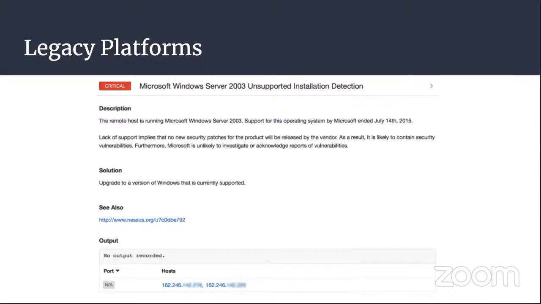Because if that outdated piece of software or that outdated computer is required for that business to make its money, you're going to have to support it even if it's running Server 2003 and it's 2021. You can't take it offline, but you can provide more visibility. You can restrict what gets to it.